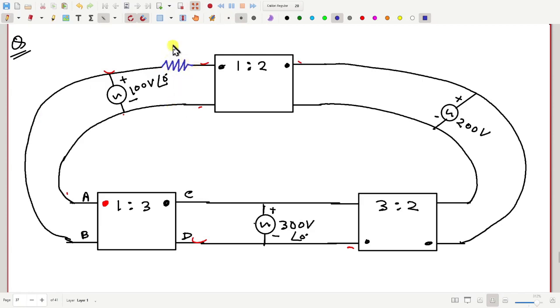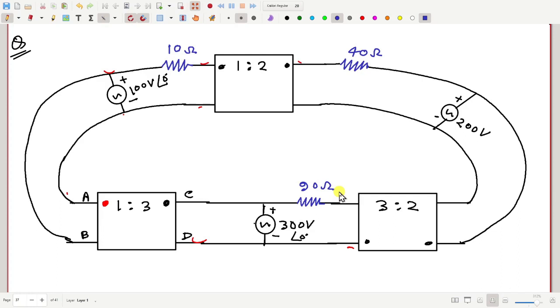Suppose this is 10 ohm, and here I put one resistance which is 40 ohm, and here a resistance which is 90 ohm.